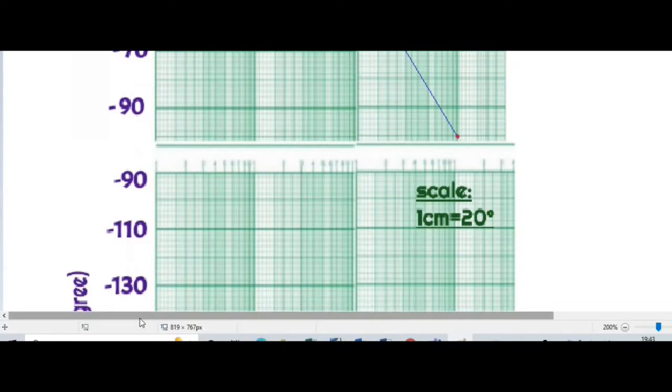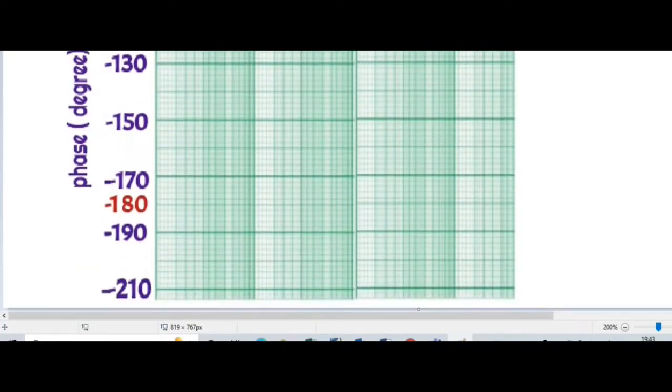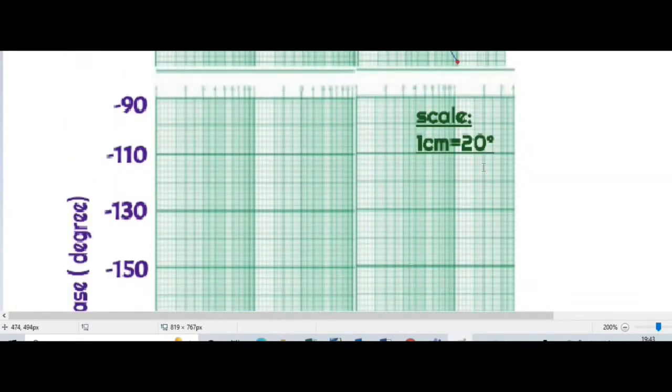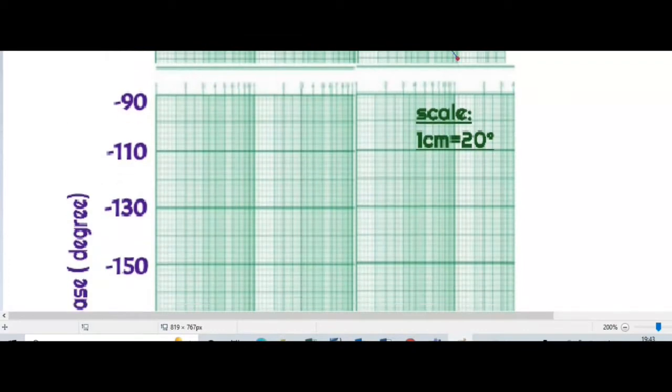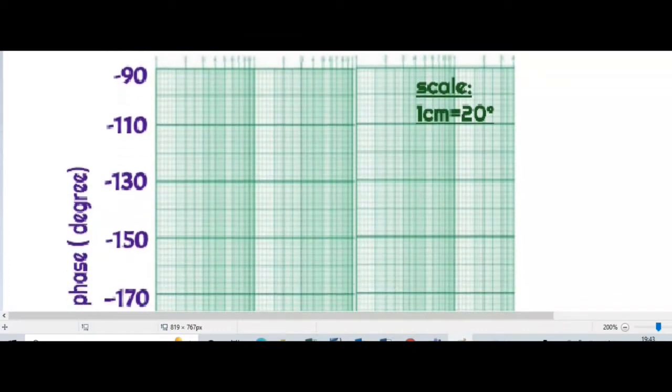This phase angle is from minus 90 up to 210. So here we have to take a scale, 1 centimeter equal to 20 degree. So minus 90, then minus 110, minus 130, minus 150, minus 170, minus 190, and so on. In this way, all these degrees we have to show.